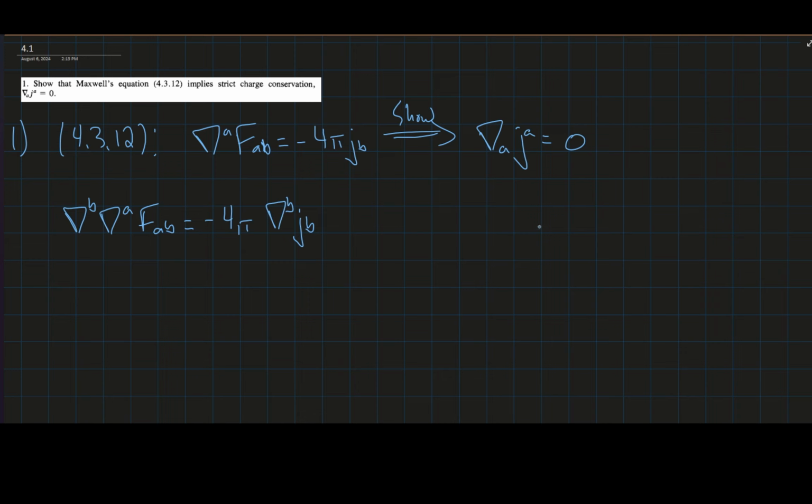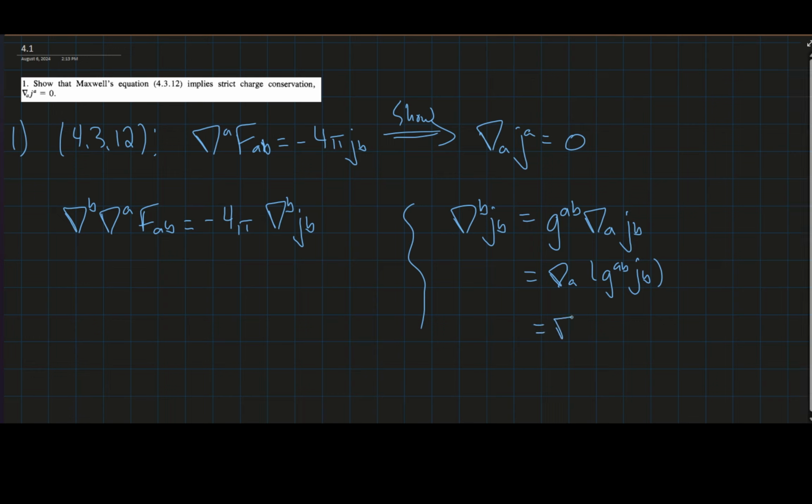Now, I'll do this off to the side, but so that we remember, nabla_B J^B is nothing other than nabla_A g^AB J_B, but we can pass this through and say this is equal to nabla_A (g^AB J_B), since the covariant derivative of the metric is 0, and this tells us that we get nabla_A J^A, so these two are equivalent. So we are able to rewrite this.